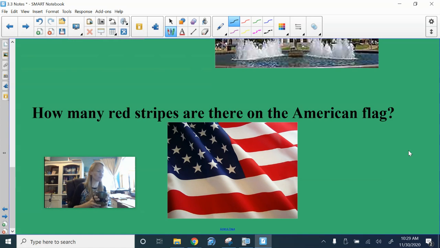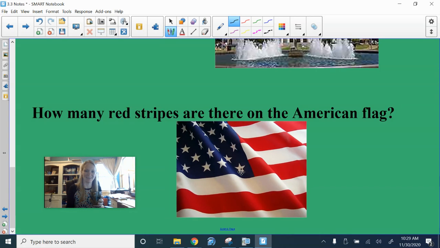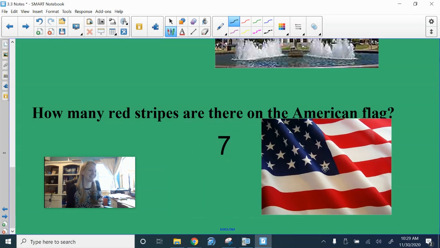Oh, we got another one. Ooh, how many red stripes are there on the American flag? I know how many there are total. 6? Anybody else? Yeah, how many red stripes are there? 6. There are 7.